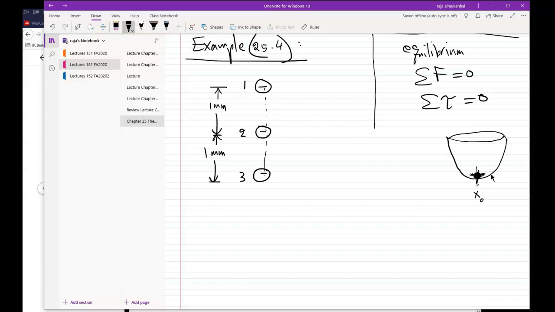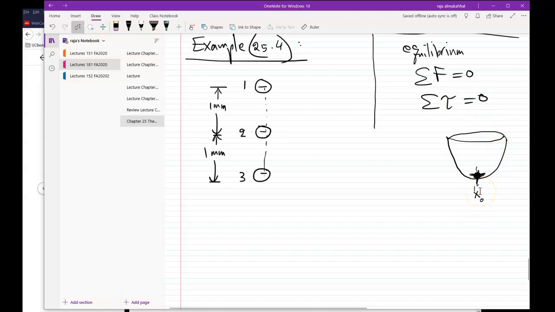Eventually, it will settle down. This is an example of a stable equilibrium. Stable equilibrium means if I have a system in equilibrium, where sigma F equals 0 and sigma tau equals 0, and I perturb it, slightly disturb it, it would oscillate, shake, shake, shake, and then settle down and restore its old condition, exactly the same old stable point at x0.